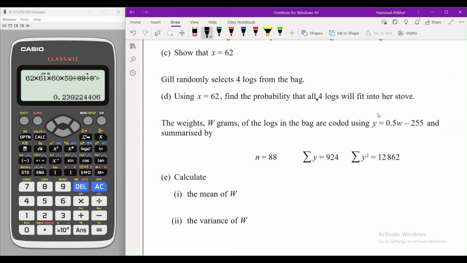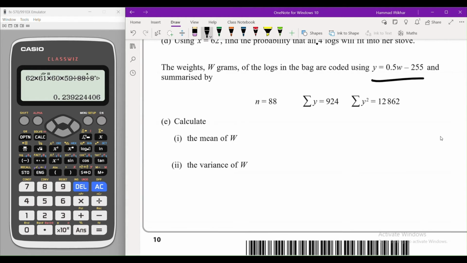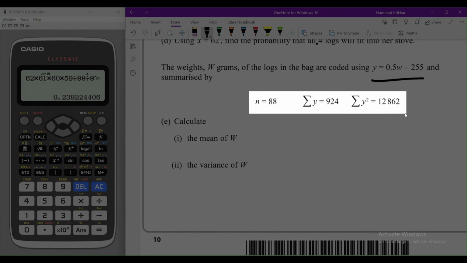The weights W grams of the logs in the bag are coded using y is equal to 0.5 W minus 255 and summarized by that. Calculate the mean of W. So when we have this equation, again, let's paste this.